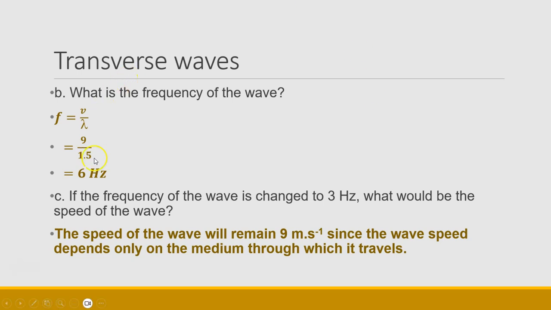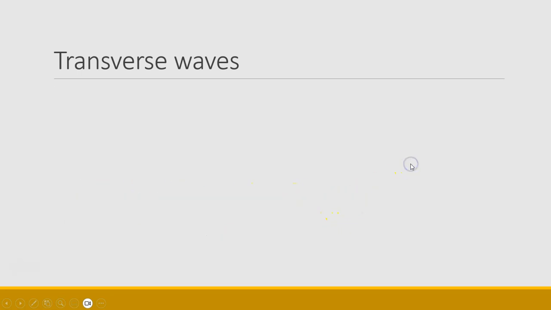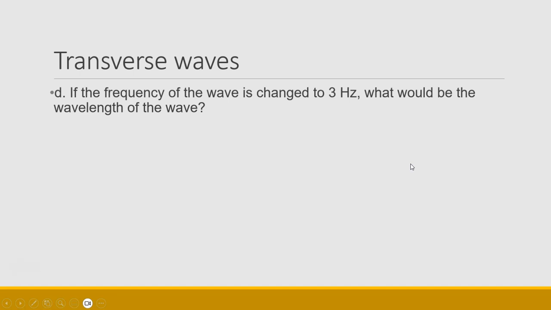Now take a look. The frequency of our wave we calculated to be 6 hertz. And now we are reducing it to 3 hertz, which means that we are halving it. So the next question is, if the frequency of the wave is changed to 3 hertz, what would be the wavelength of the wave?